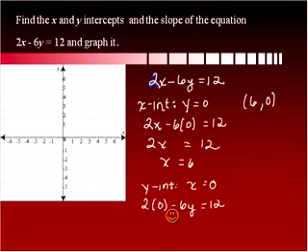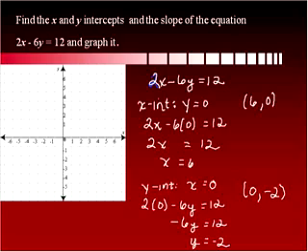The negative or the minus sign in front of the 6 needs to stay with that number. 2 times 0 is 0. So we will have negative 6y equal to 12. Divide both sides by negative 6, and we get y equal to negative 2. So we have a y-intercept at 0, negative 2.